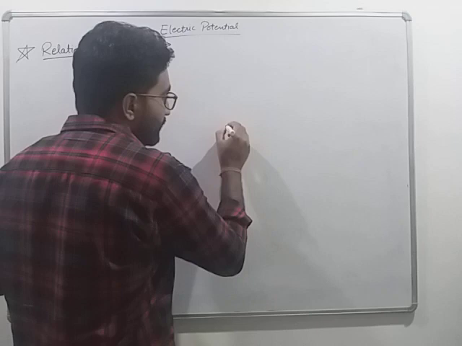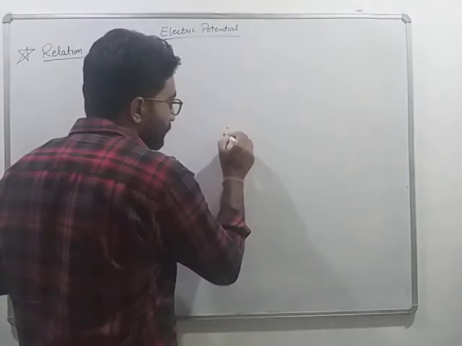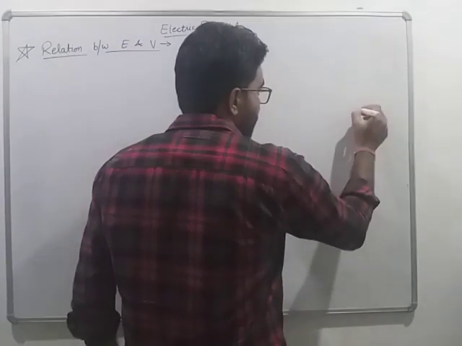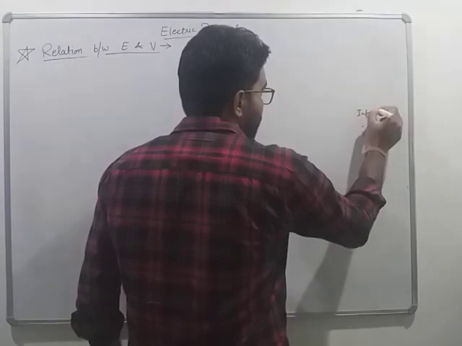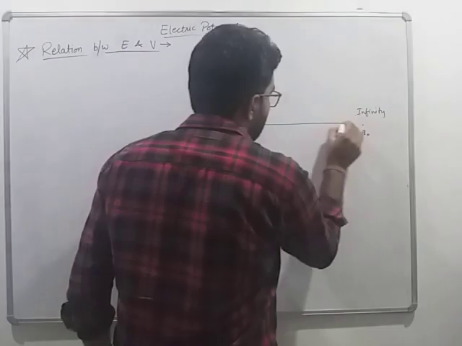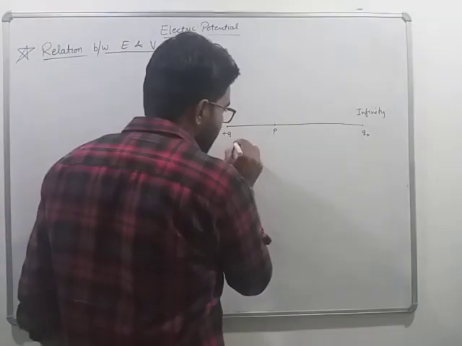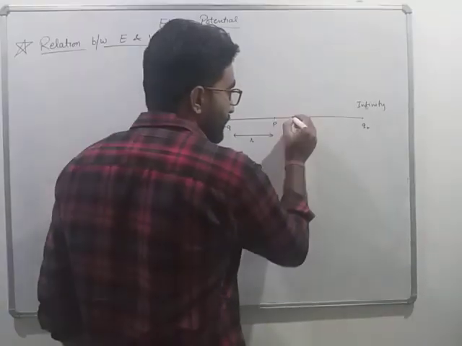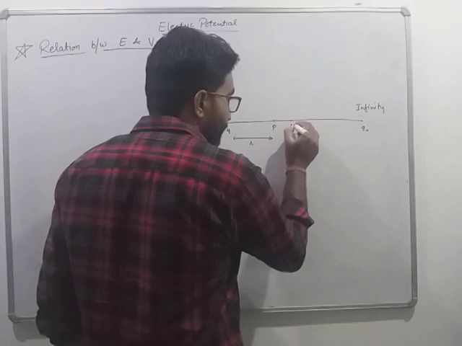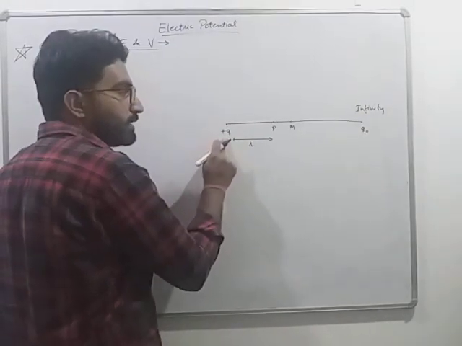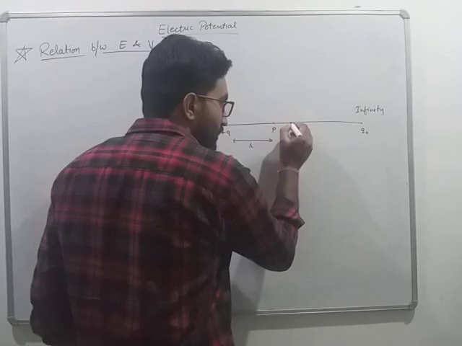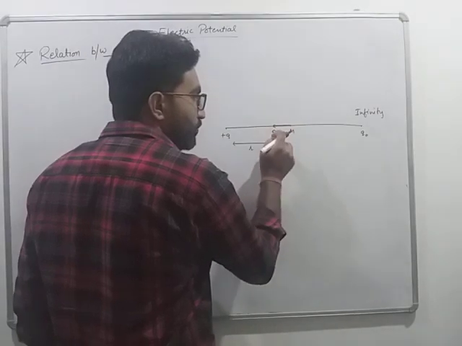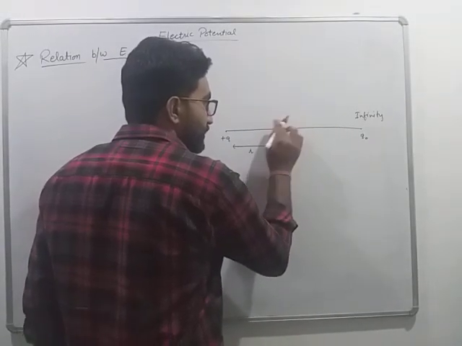Let us consider we have a point charge plus q, and we are bringing a test charge q naught from infinity to a point P, which lies at a distance of r from the charge plus q, and we have a point M which lies in the electric field of this point charge plus q. When we move the charge plus q naught from M to P, its displacement is dr.